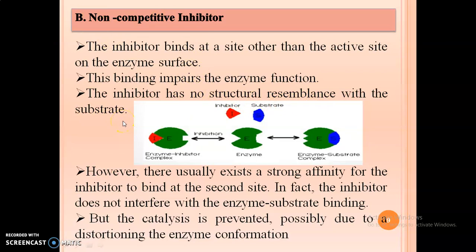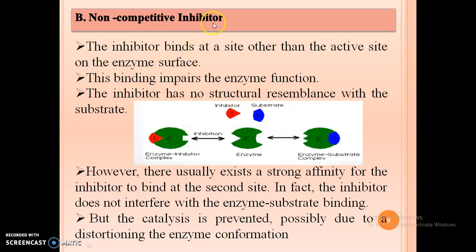So first thing is, your inhibitor does not have any structural resemblance to your substrate. The second thing is, the inhibitor binds at a site other than the active site. In case of competitive inhibition, your inhibitor binds to the active site as it is similar to your substrate. It can easily bind to your active site.